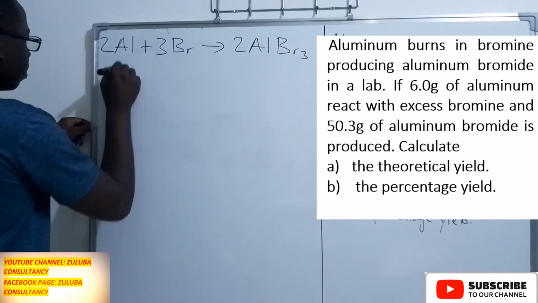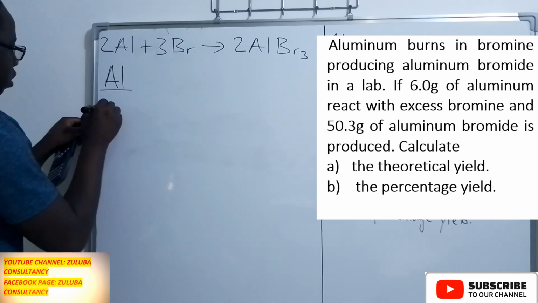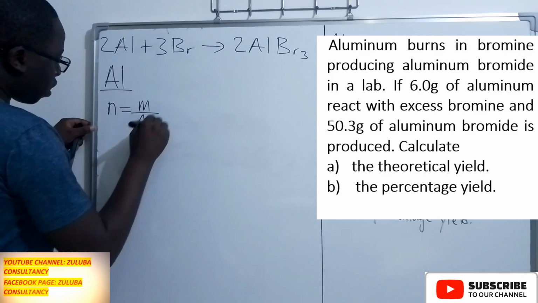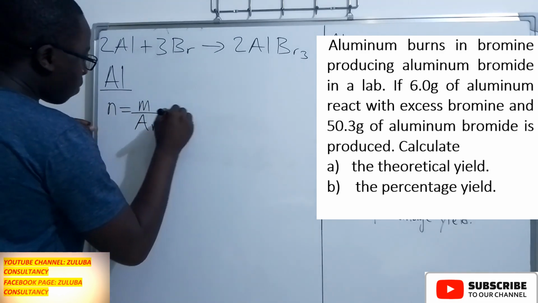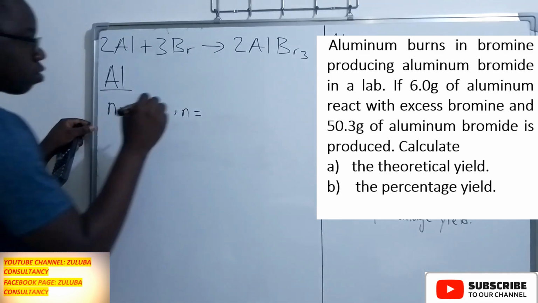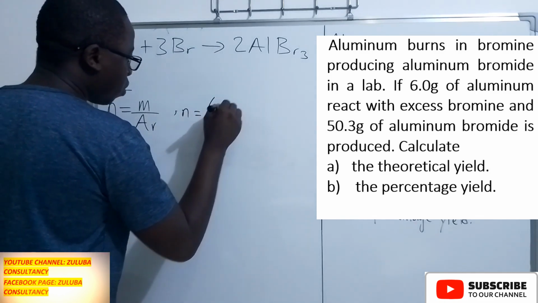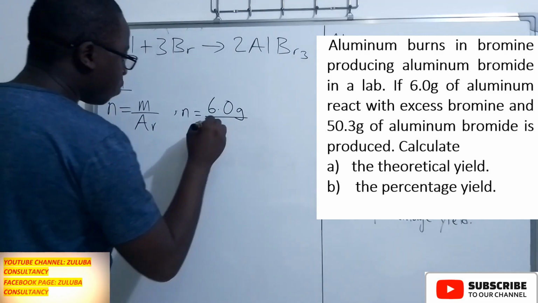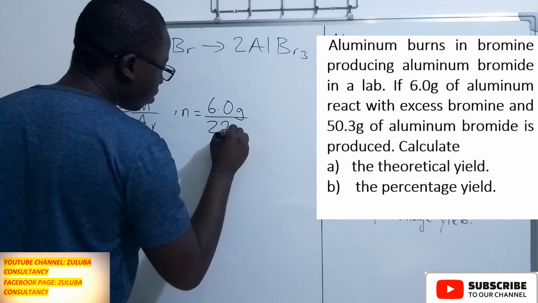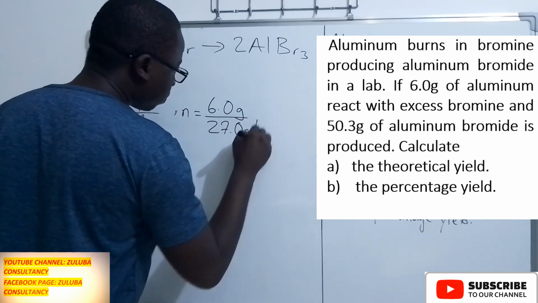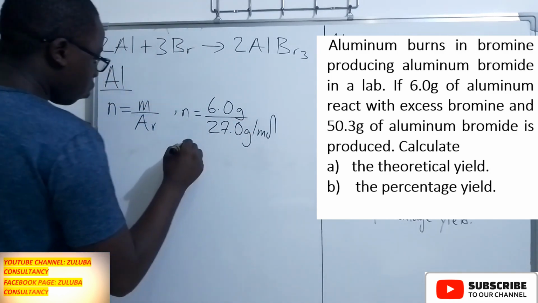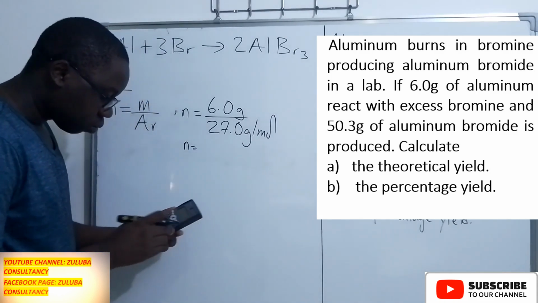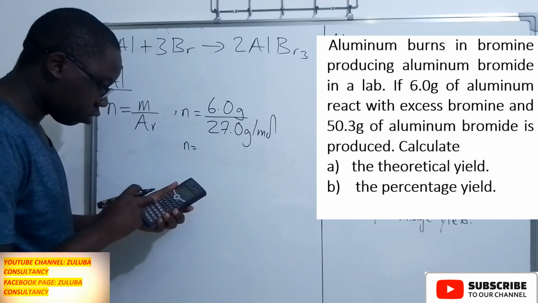For aluminium, we know that number of moles is equal to the mass divided by the relative atomic mass. So number of moles is equal to the mass that we have, 6.0 grams, divided by the relative atomic mass of aluminium, which is 27.0 grams per mole. So the number of moles will be equal to 6 divided by 27.